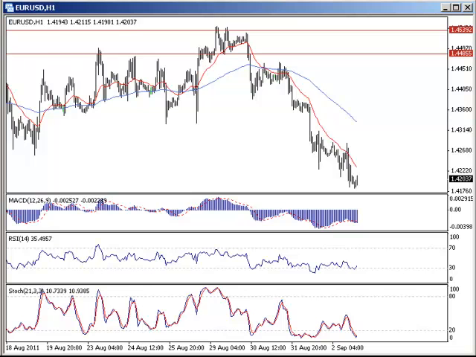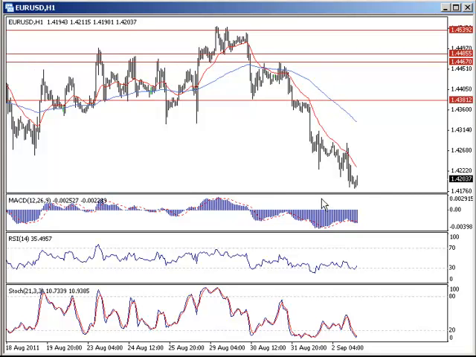After this decline, my stop went here. Then after this decline, my stop went above the 143.80 level. Then after this decline and this consolidation and this decline, my stop went here at the 142.90 level.